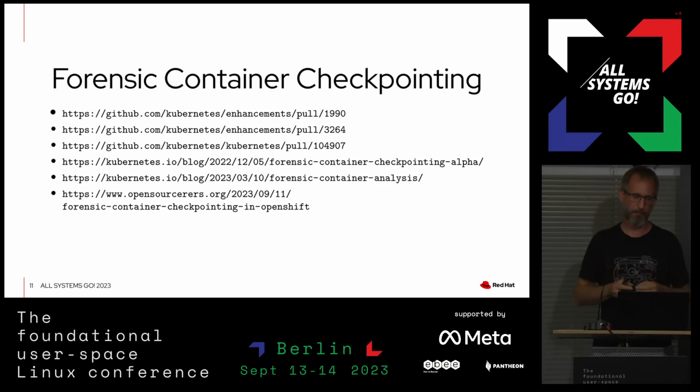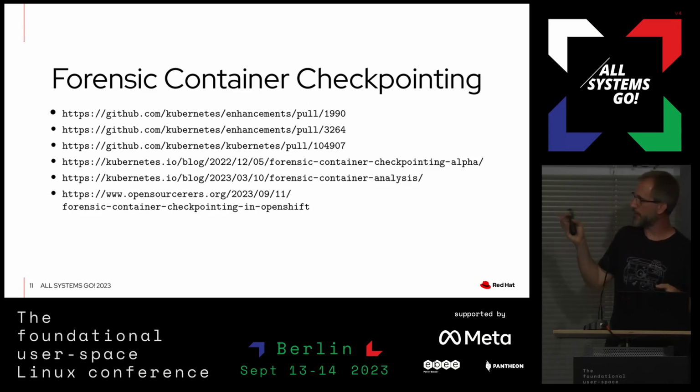Maybe there's some attacker who will remove the code if he sees that it's been analyzed. So forensic container checkpointing gives you the chance to take a checkpoint without the container, the process knowing that it's checkpointed. You can write it to disk, you can analyze it in a sandbox environment, you can start it in a sandbox environment, and the original container will just keep on running, and it will never know that a copy of it is being analyzed somewhere else.